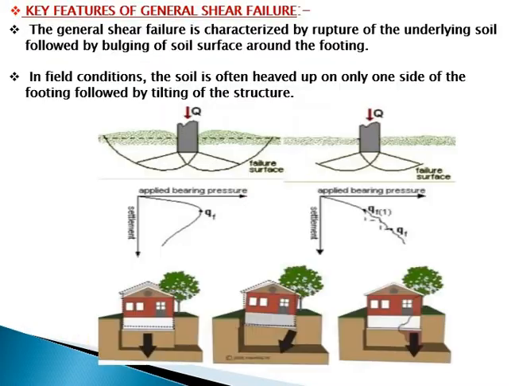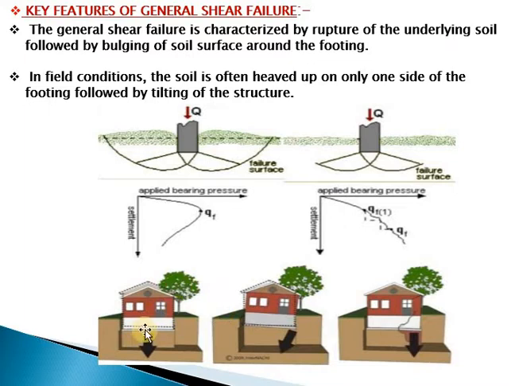Now what is general shear failure and what are the features of general shear failure? The general shear failure is characterized by rupture of the underlying soil followed by bulging of the soil surface around the footing. Okay. Now in the field condition, the soil is often heaped up on only one side of the footing, followed by tilting of the structure.